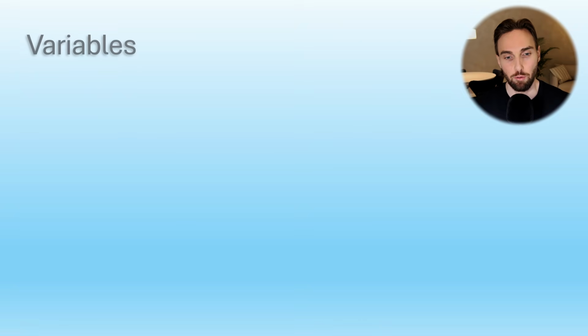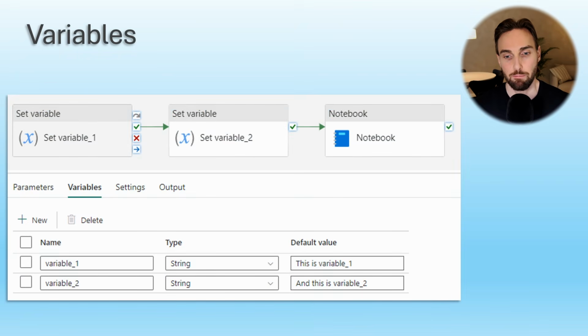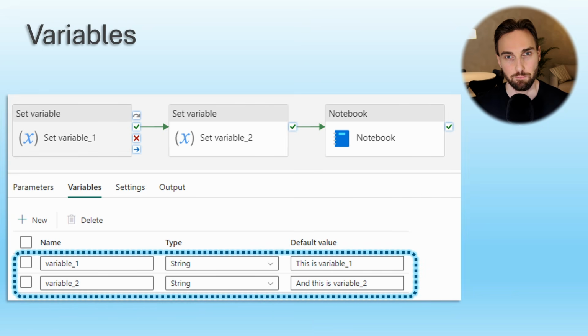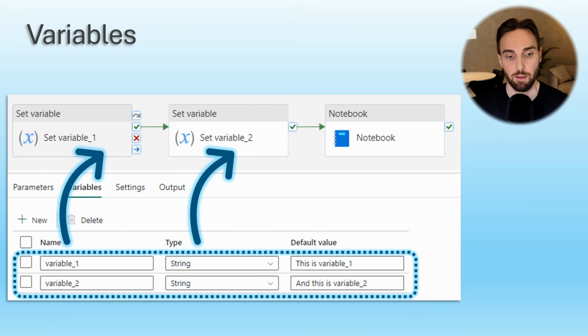Also, there are variables in pipelines that can be used in a somewhat similar fashion to parameters. The main difference is that parameters are used to get information from outside the pipeline into the pipeline, and variables, on the other hand, are defined inside the pipeline and have to be set during the execution using the setVariable activity.